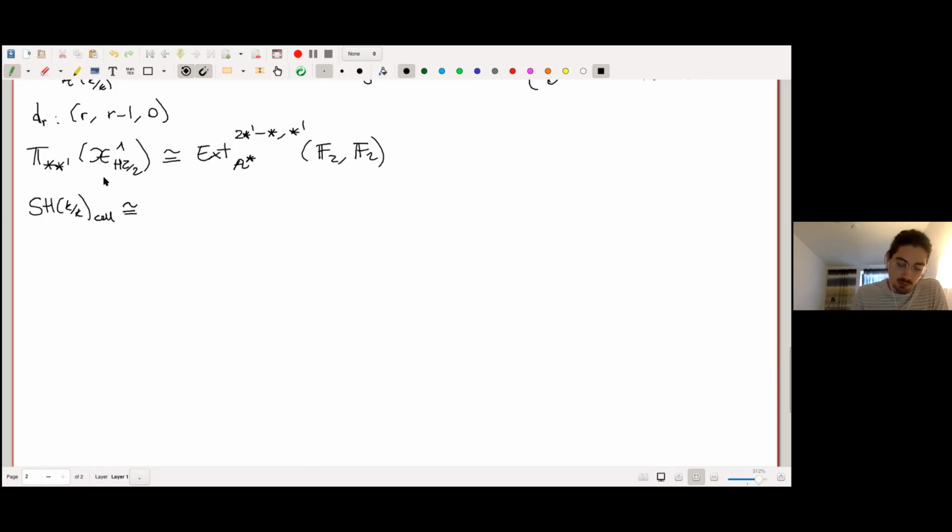If we put some boundedness condition here, this is isomorphic to the derived category of A-star comodules. So in particular, the cellular part of this isotropic stable motivic homotopy category is algebraic, and it is the derived category of A-star comodules, where A-star is the dual of the topological Steenrod algebra.